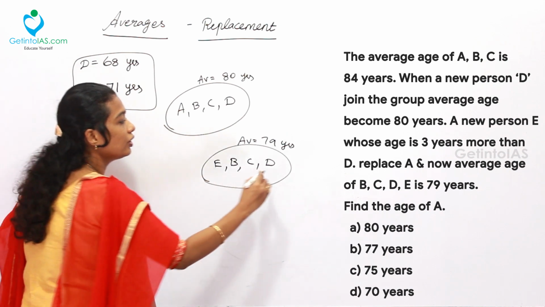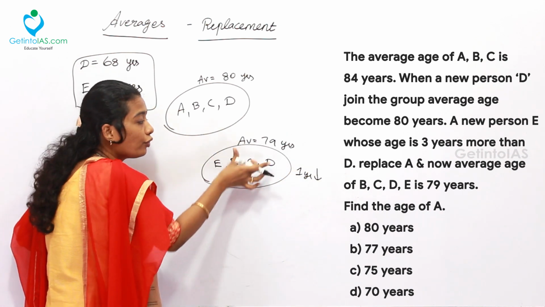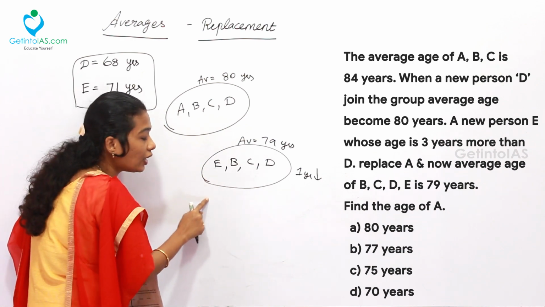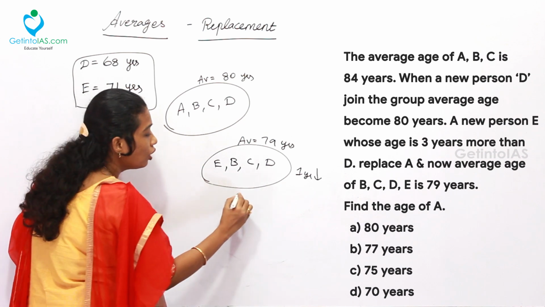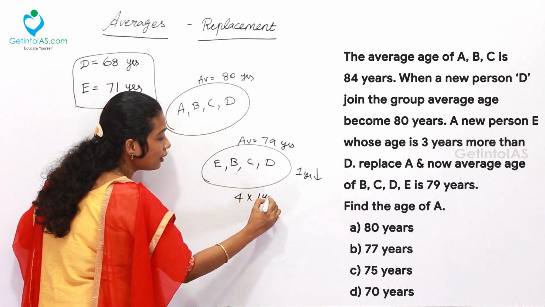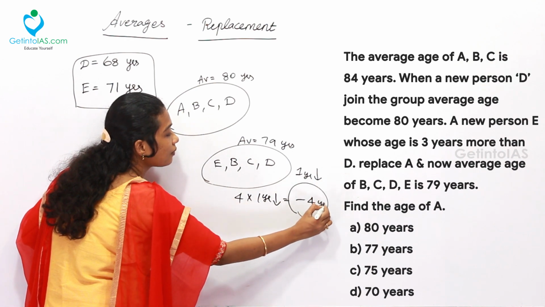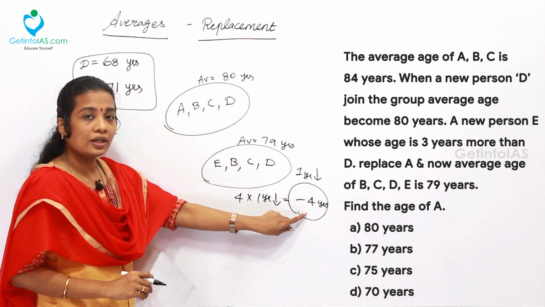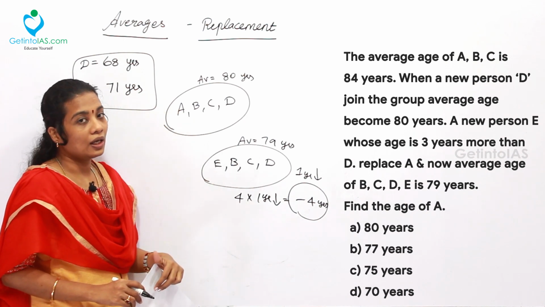So here 1 year decrease for the overall group. What is the meaning? For E 1 year, B 1 year, C 1 year, D 1 year. All the 4 into 1 year decrease, that is 4 years, which is the decreasing level while A is replaced by E.